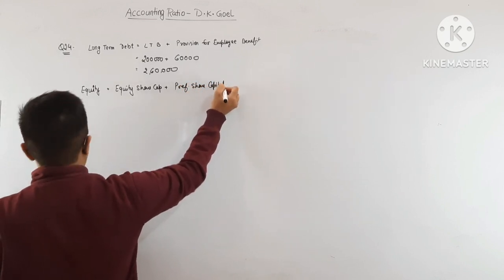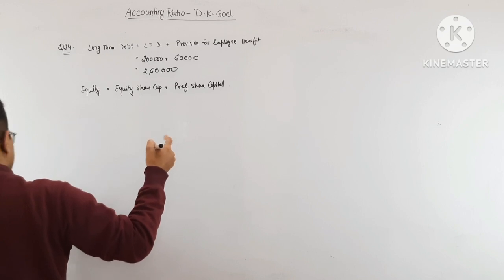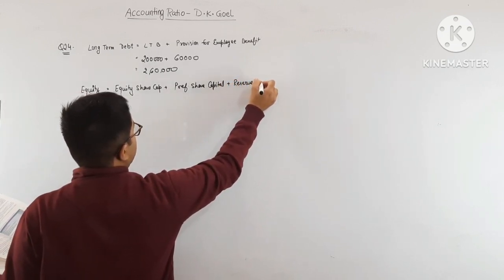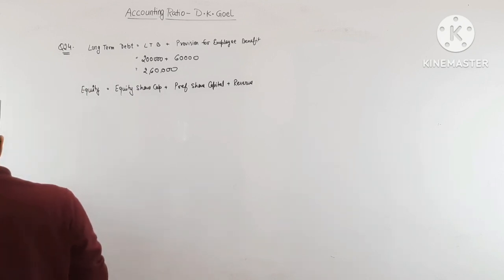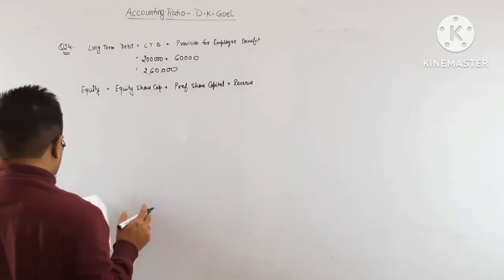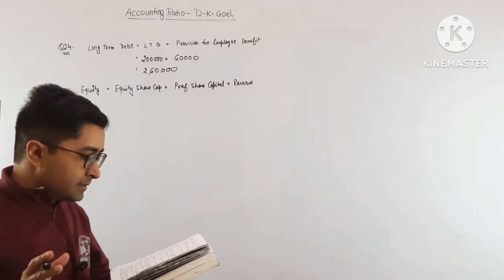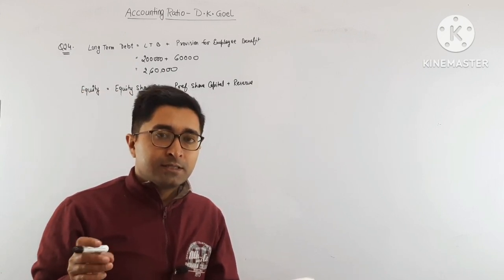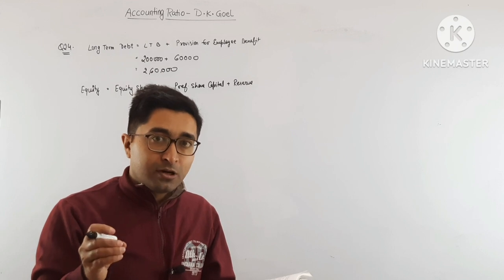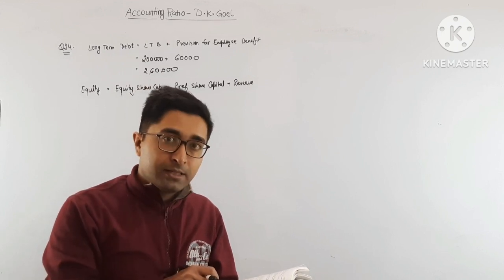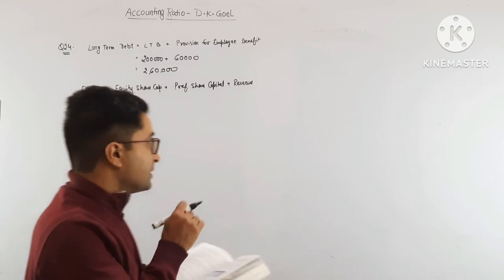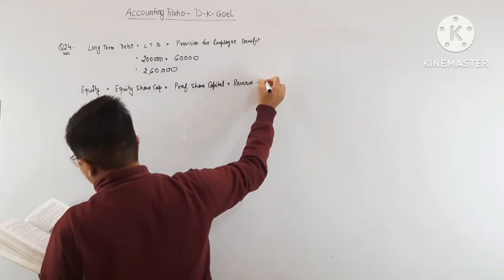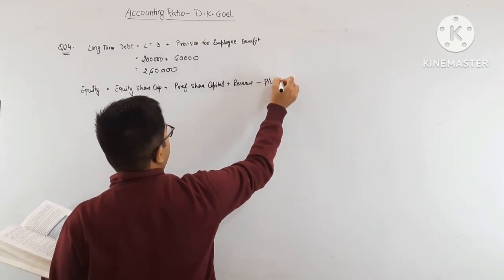Now next, reserve. Only reserve is given. And the next is the profit and loss balance, and in the bracket accumulated loss is given. It means this is a case of loss, so this is the debit balance, as I just explained. So you will subtract this profit and loss debit balance.